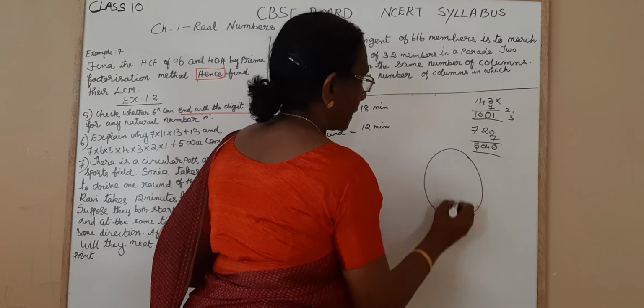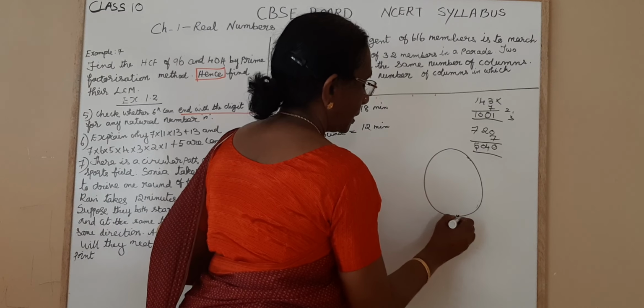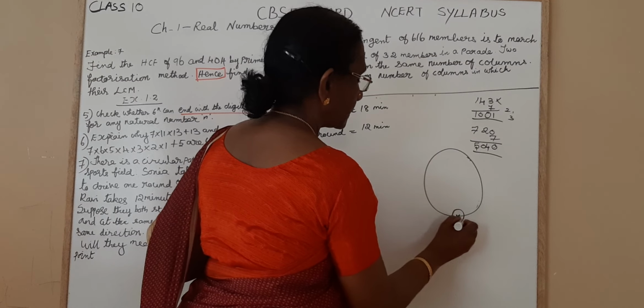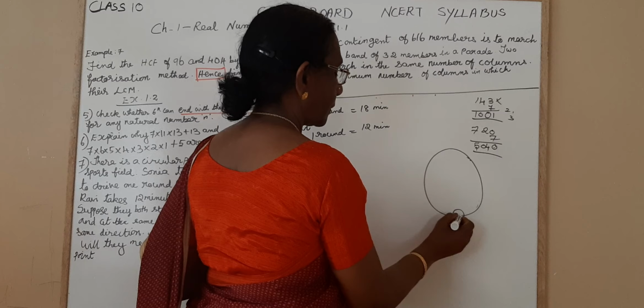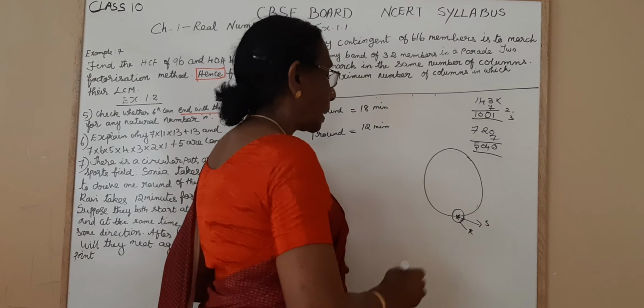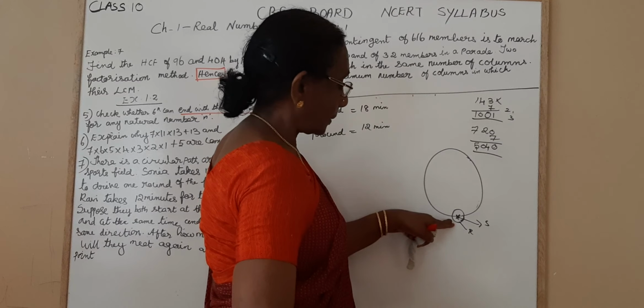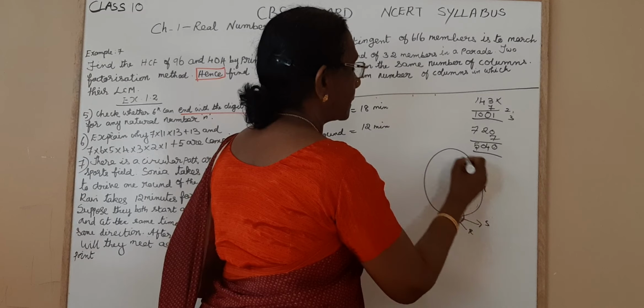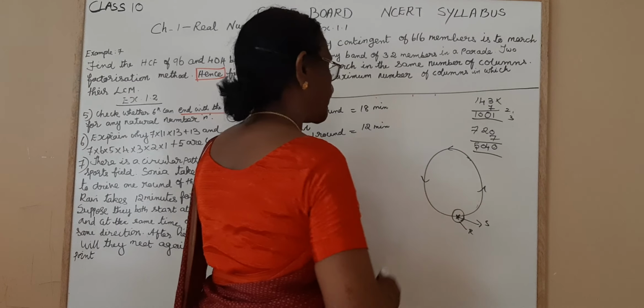Okay, let us take they are starting at the same point. This mark represents Sonia and this is Ravi. And they are starting at the same point at the same time. They are moving in the same direction. Let us take they are moving in that direction.